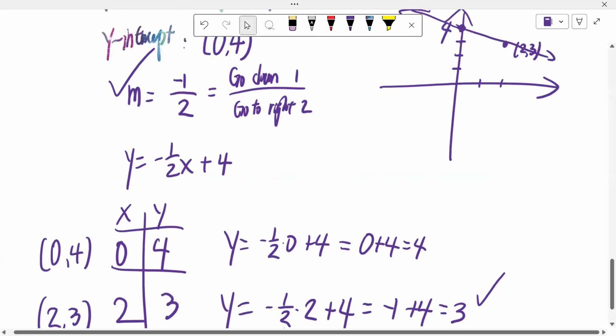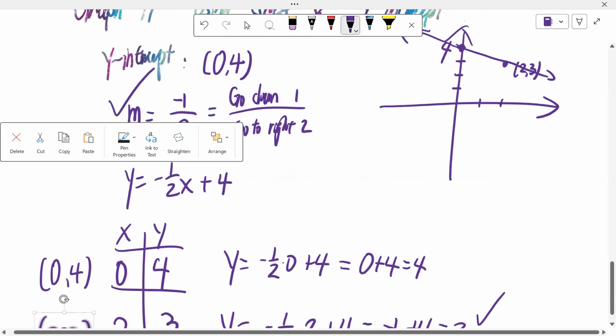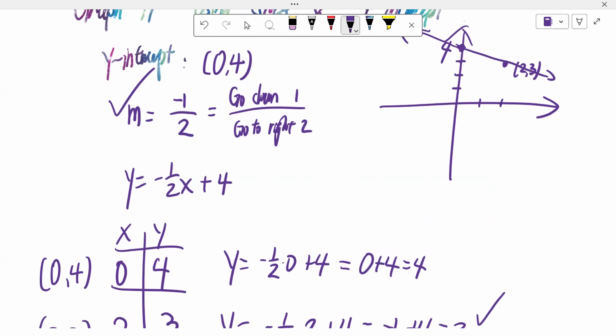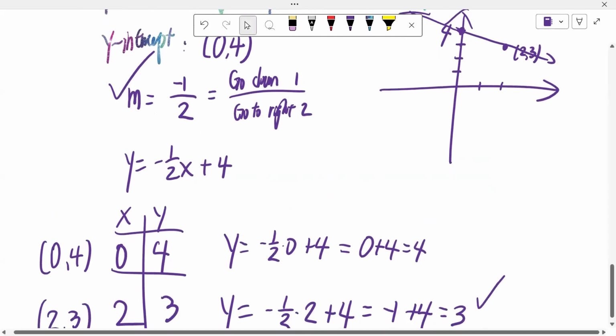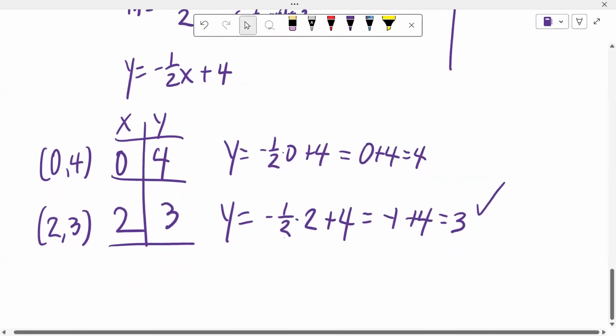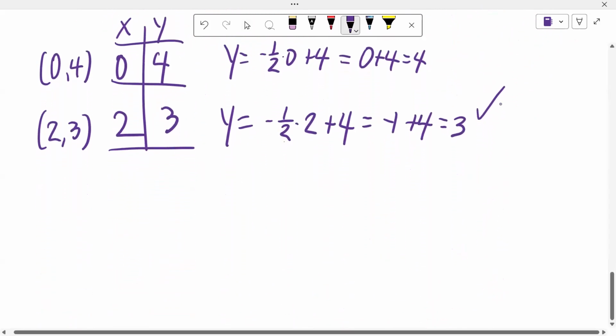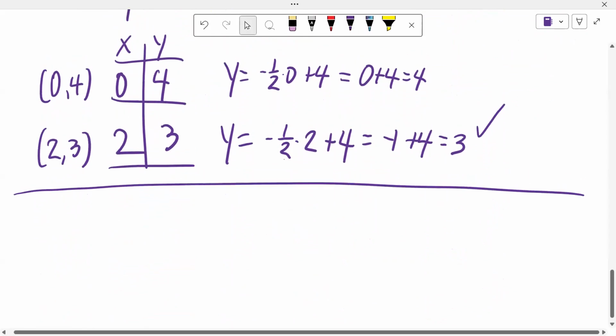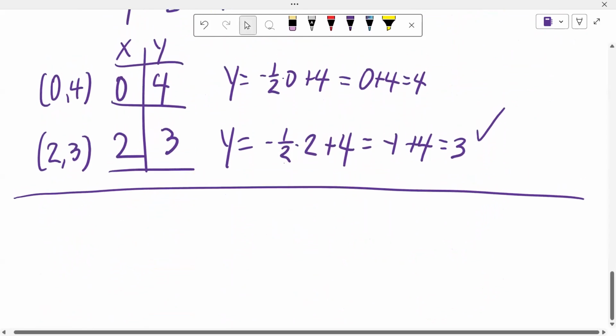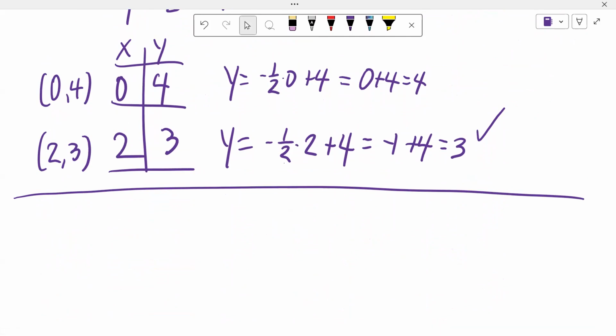Now, once you get (0, 4) and (2, 3), you get 2 points, connect them, extending in both directions, and you get the same graph. Any question about this? This is how we graph a linear equation in slope-intercept form.